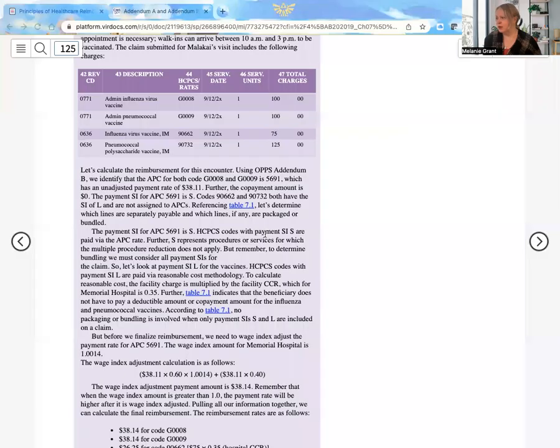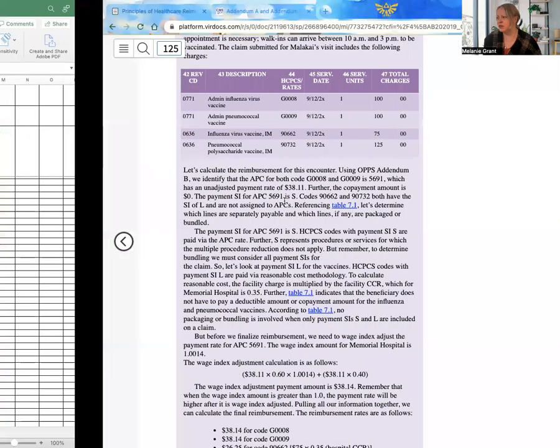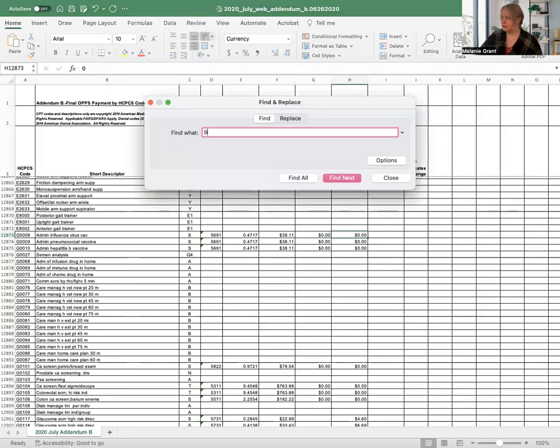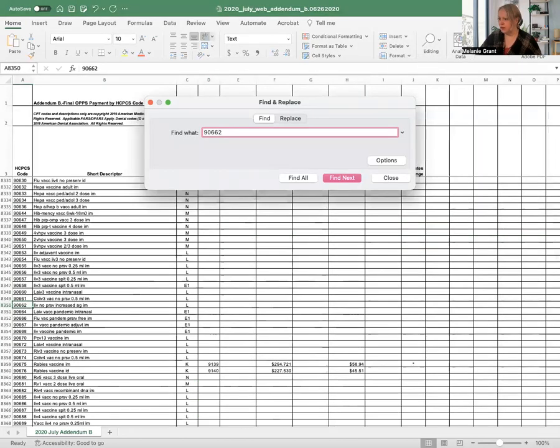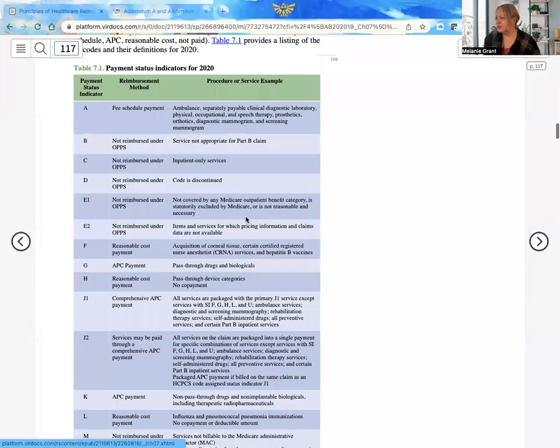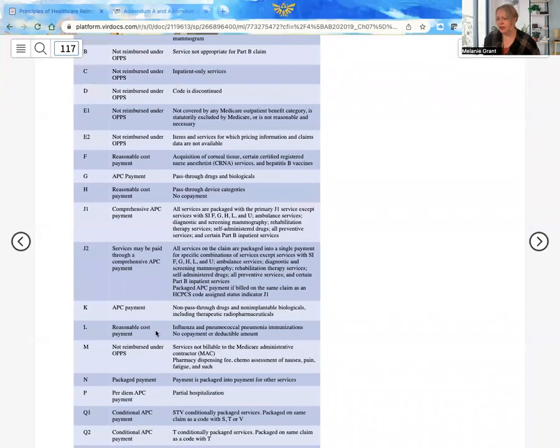Going back to our scenario, once we pull this up, we're also going to look up codes 90662 and 90732. Under 90662, just as indicated in our book, this has a status indicator of L. When we look at table 7.1, status indicator of L says reasonable cost payment. The influenza and pneumococcal pneumonia immunizations have no copay or deductible amount.